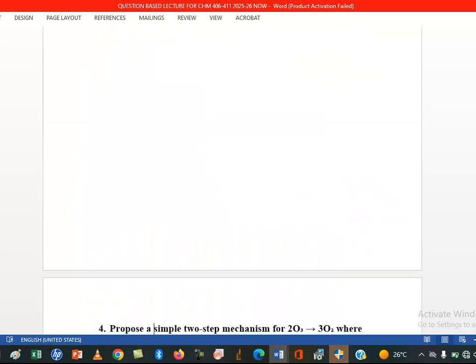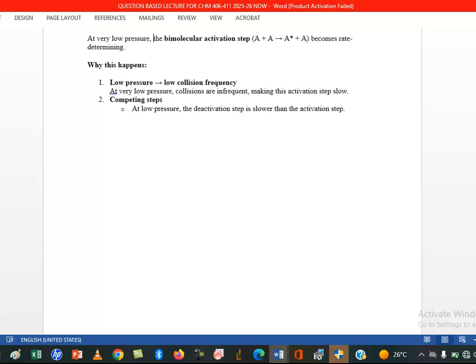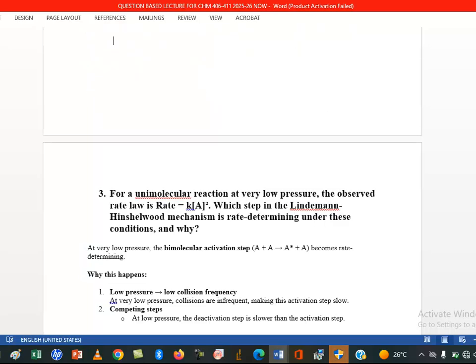Now to question 3 in this section. Here we'll be looking at a unimolecular reaction at very low pressure, where the observed rate law is rate equals k[A]^2. Now, which step in the Lindemann-Hinshelwood mechanism is rate determining under these conditions, and why?